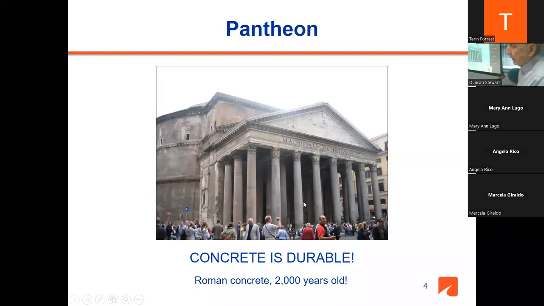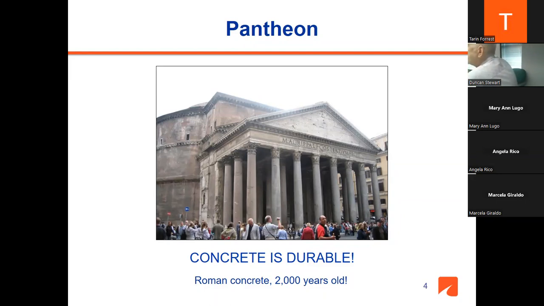Okay, so again, we said we have some innovation over the years and things like that, but we like to tell you that this concrete we are using is a very durable material. How do we know that? Because we know that Romans were masters of concrete and have beautiful structures, for example the Pantheon, and it's about 2,000 years old.